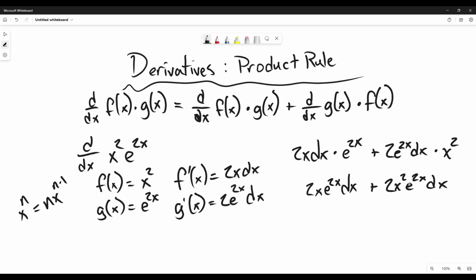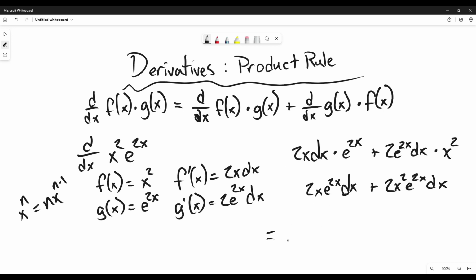The thing with this is, it looks like there are like terms and you'd be able to add them, except for the fact this is only x. This is x to the first power. This is x squared. So we cannot add them as like terms.